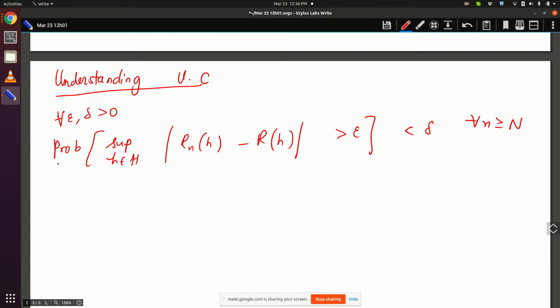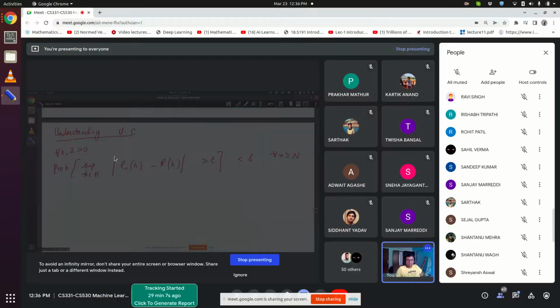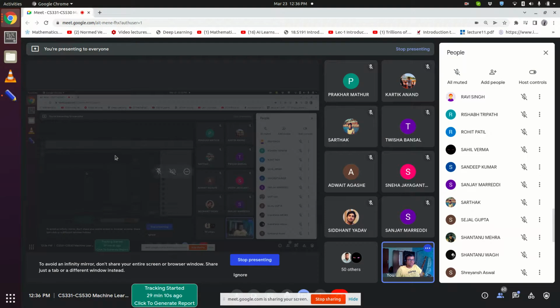H is not random. I'm just going one by one over the elements, h belonging to H. There is no distribution here. Supremum is not trying to put a distribution on h, right? Is that clear?